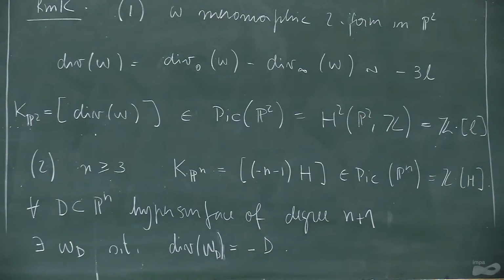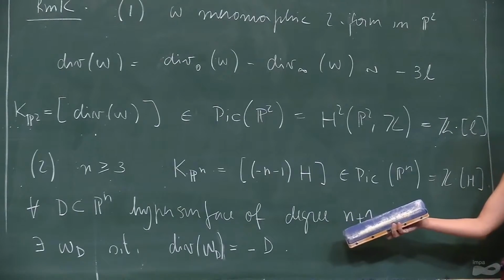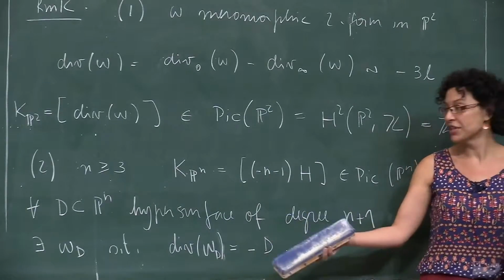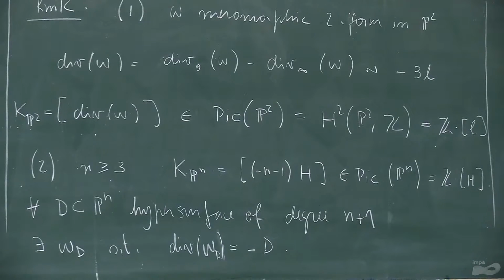Okay, so now what we want to do is, if we fix a top meromorphic differential form, or in other words, if we fix the hypersurface, what is the subgroup of the Cremona group that preserves this meromorphic form? So the problem that we want to address now is this.